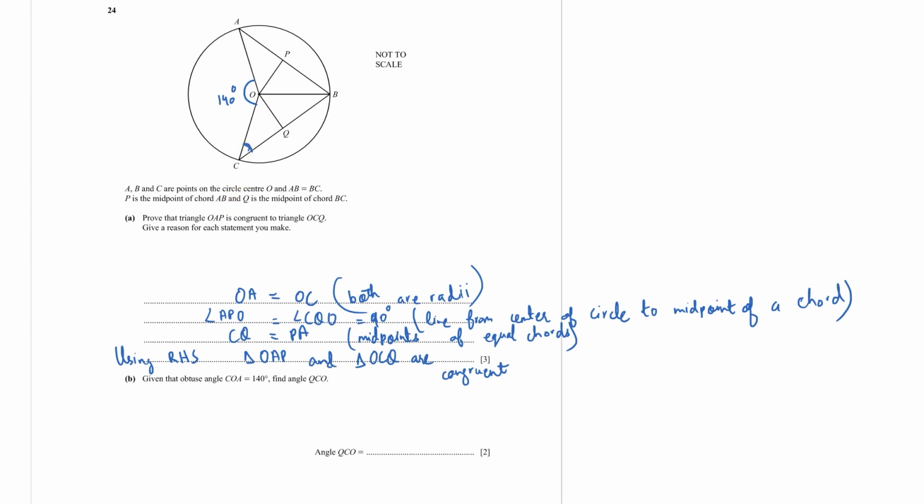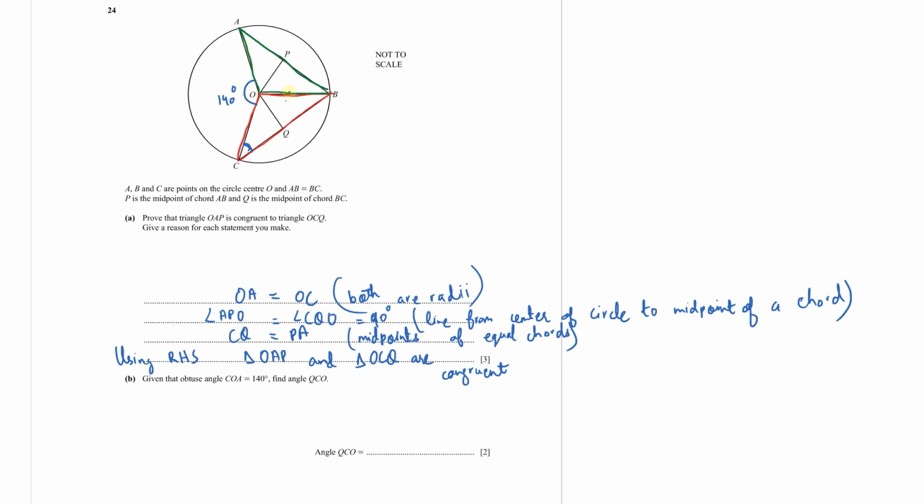Now if you look at the triangles OCB and OAB, they are congruent as well. We can quickly use the SSS rule. All three sides are equal. They have this side common, so this side is equal.